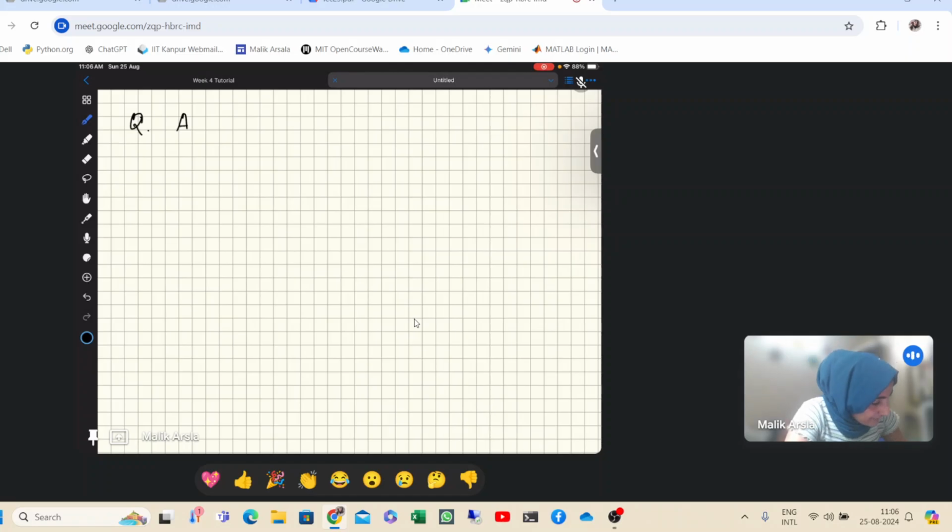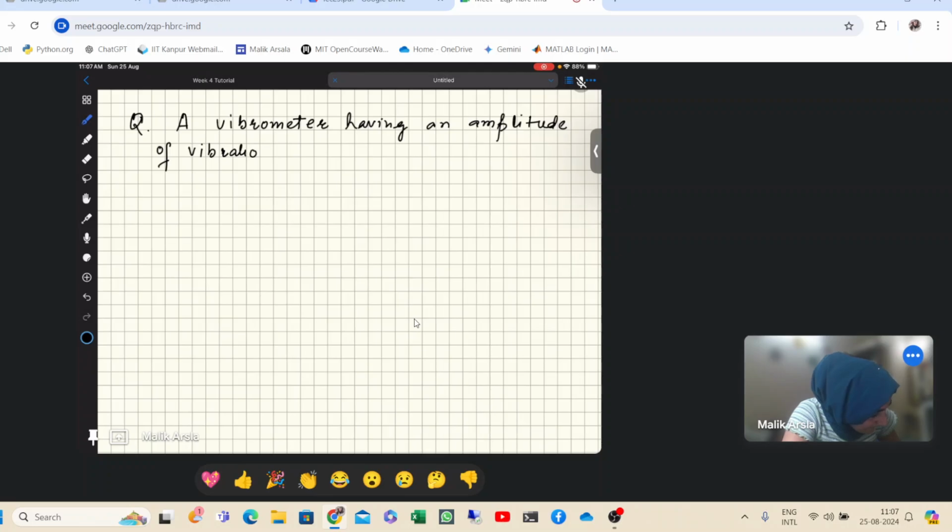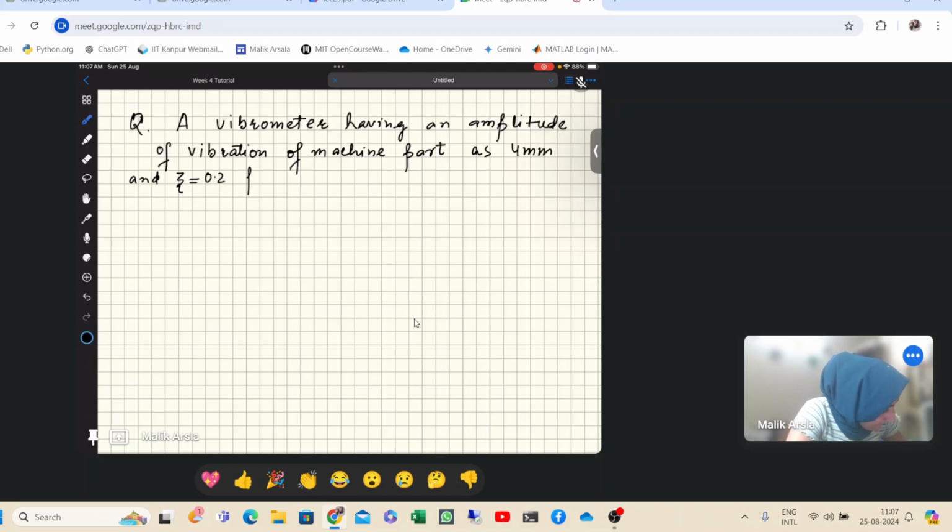The first question says that a vibrometer having an amplitude of vibration of machine part as 4 mm and zeta equal to 0.2 performs harmonic motion.